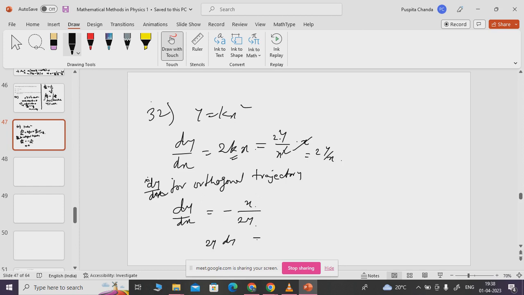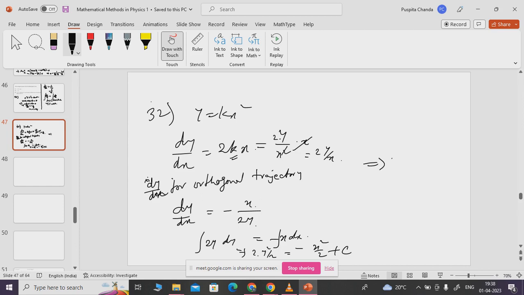So k is equal to y by x square, so 2kx will be 2 into y by x, so the orthogonal slope will be minus x by 2y. So 2y dy is equal to minus x dx.